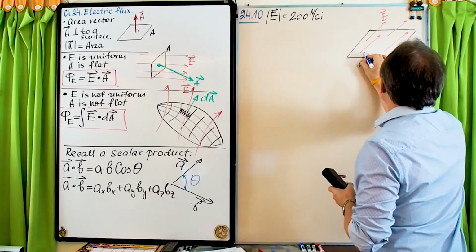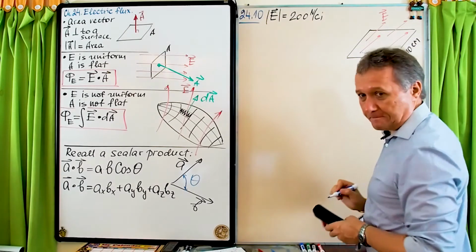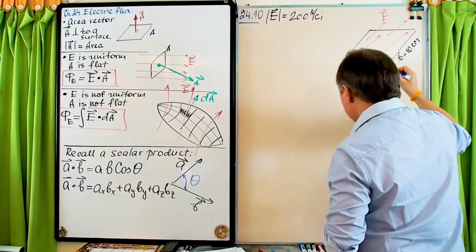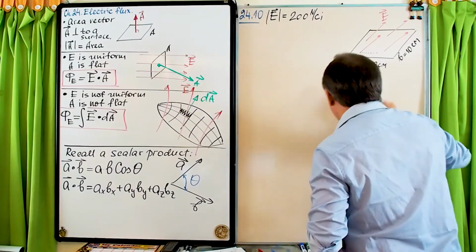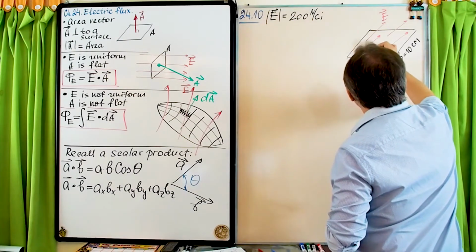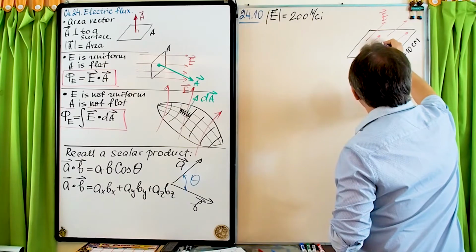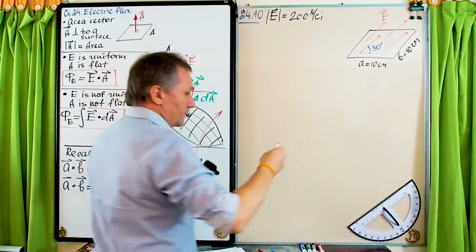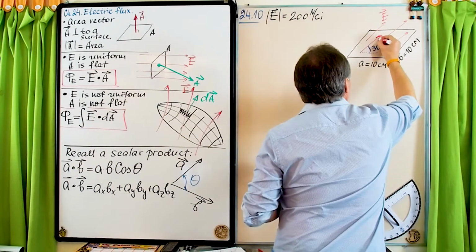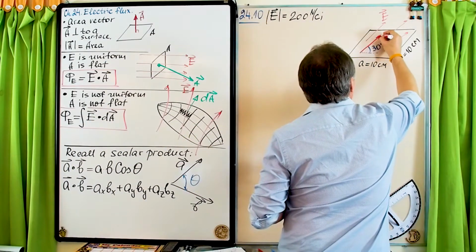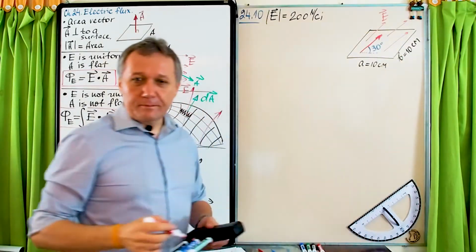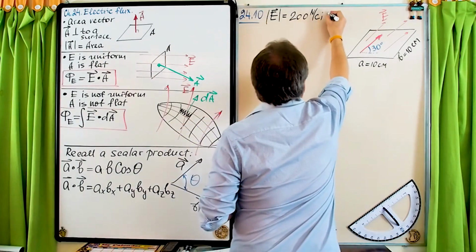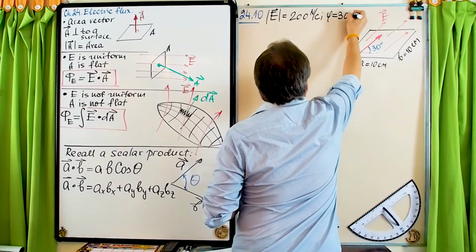Let me draw this dashed line. This dashed line lies in the surface. And the angle which is given is this one, 30 degrees. So let me make this solid. Yeah, it's better. Okay, let me label that angle as phi. So phi is 30 degrees.